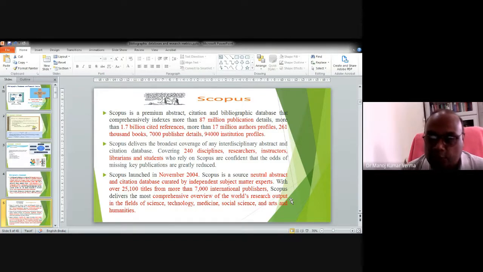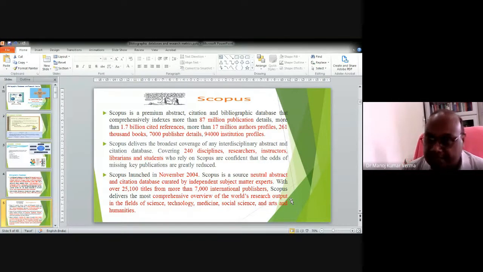Scopus delivers the broadest coverage of any interdisciplinary abstract and citation database, covering 240 disciplines. Research instructors, librarians, and students who rely on Scopus are confident that the odds of missing a key publication are greatly reduced.